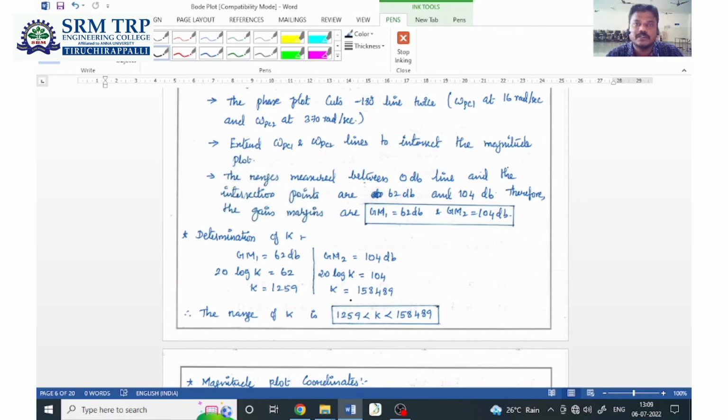Using these values we calculated gain margin and phase margin. In our case two gain margins are present, and using them we calculated the gain. Here no specification is given to determine K, so we can directly convert the gain margin into K. So this is all about your basic type problem.